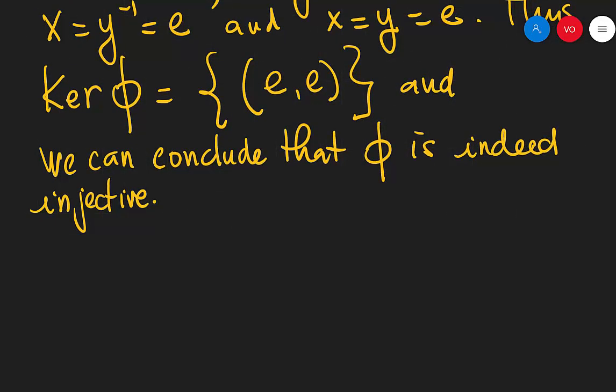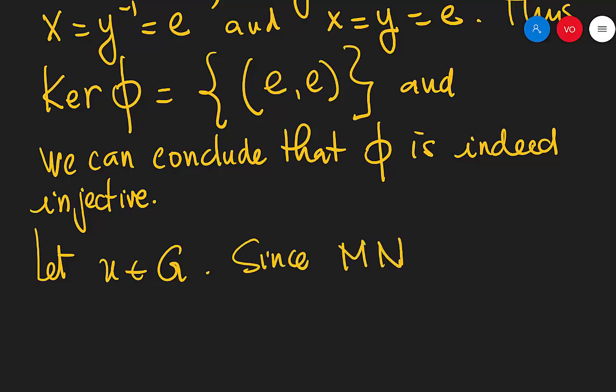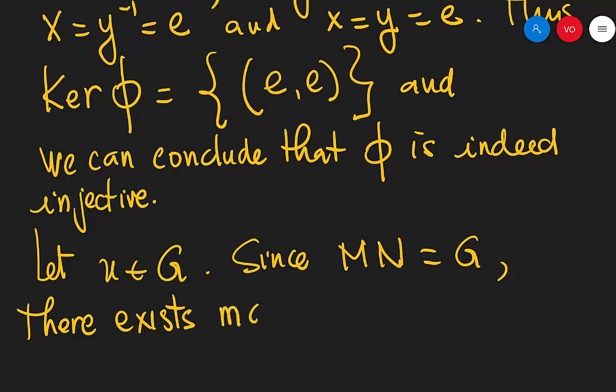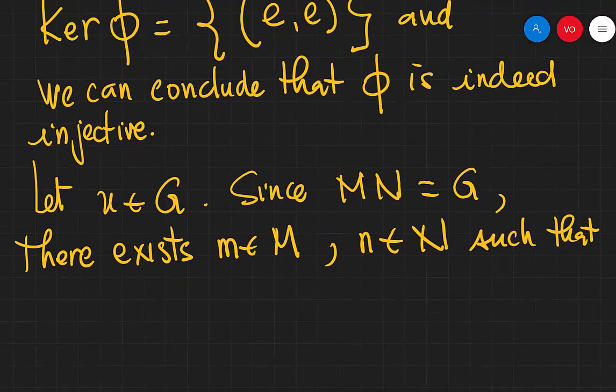All right, so next we need to show that the map is surjective, right? If we let x be any element in G, since MN is G, there exists little m in big M and little n in big N such that x is equal to m times n.